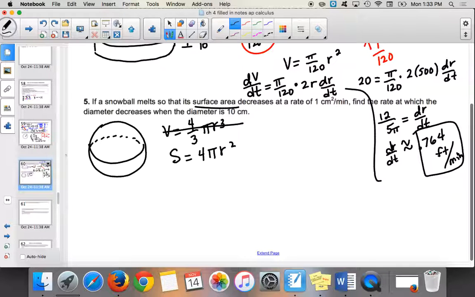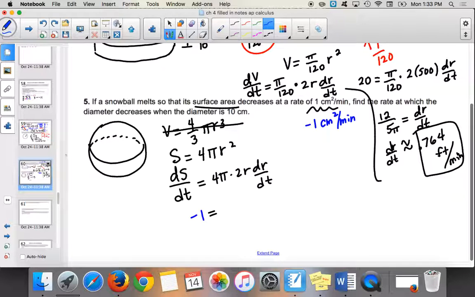Okie dokie. So it says find the rate at which the diameter decreases when the diameter is 10 centimeters. You could notice it's talking about diameter, but that's just 2r, and we have everything in terms of radius. So there's a couple different ways you can do this. In the first class, I just powered through and forgot that it said diameter. I had already taken the derivative, 4 pi 2r dr over dt, and found my dr over dt. It's decreasing at a rate, so it's a -1 there.